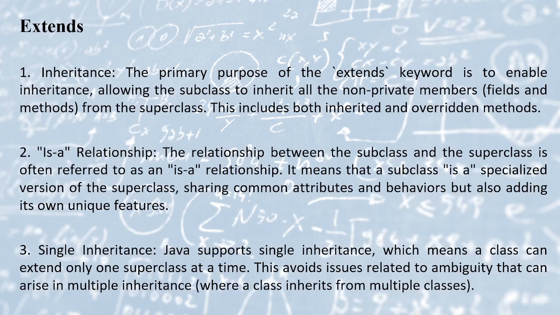Now, Java, we are talking about Java. So Java supports only single inheritance, and extends also can have single inheritance only. That means only one class can be inherited, that is, from one superclass. Only one can be inherited. This avoids issues related to ambiguity that can arise in multiple inheritance.